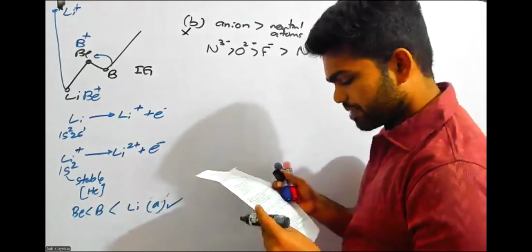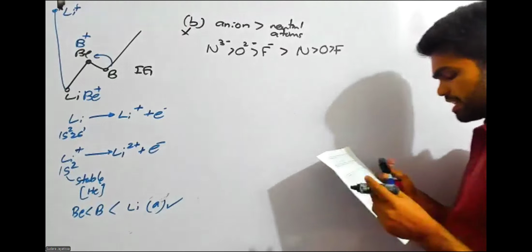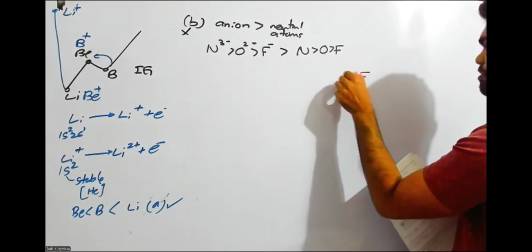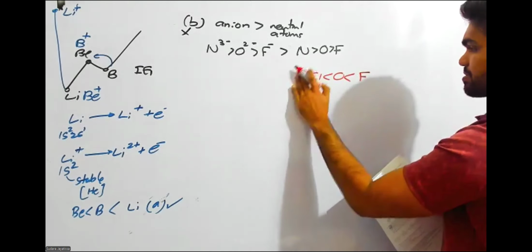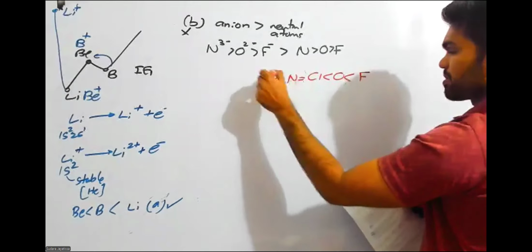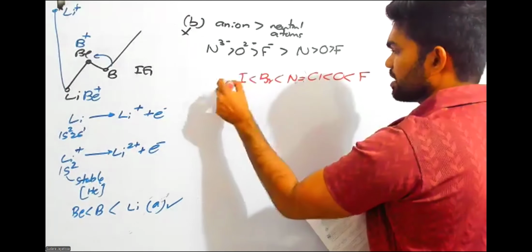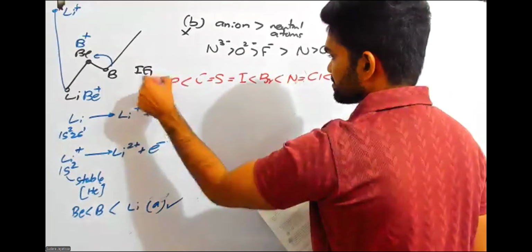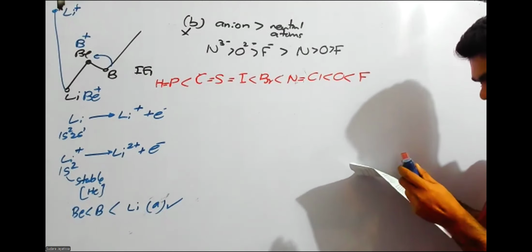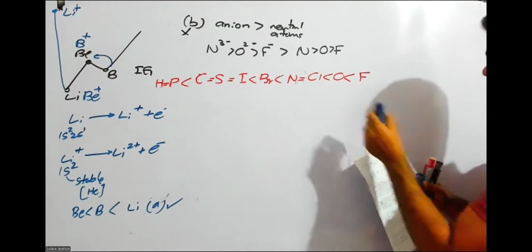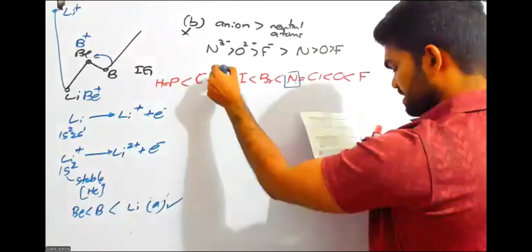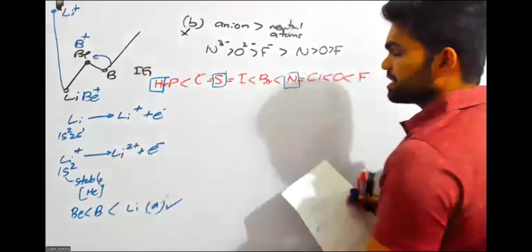Now go to the C statement about electronegativity. Remember the electronegativity order: F, O, Cl, N, Br, I, S, C, P, H. In this order, out of the 4 elements given, 3 are there: nitrogen, sulfur, and hydrogen. But can you see silicon?